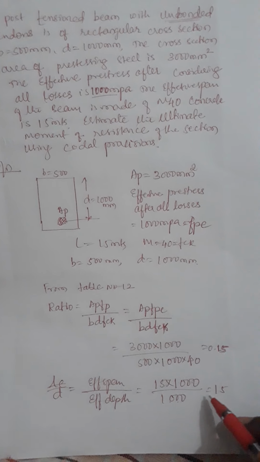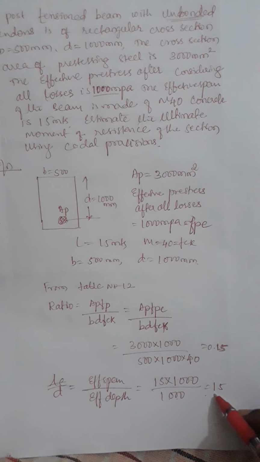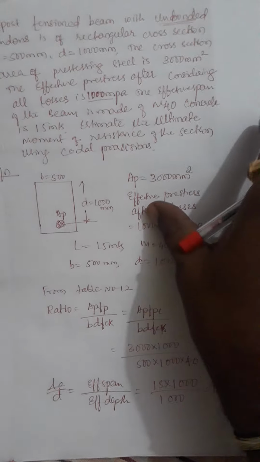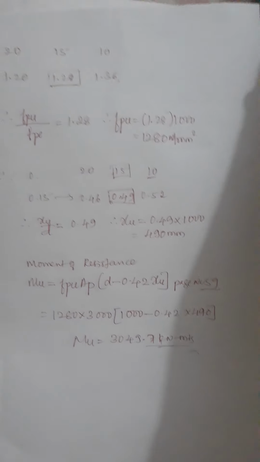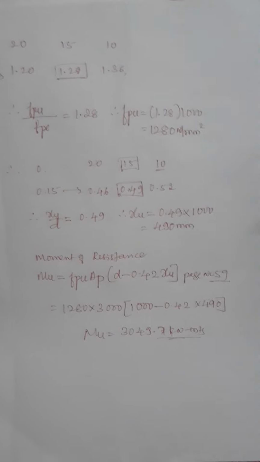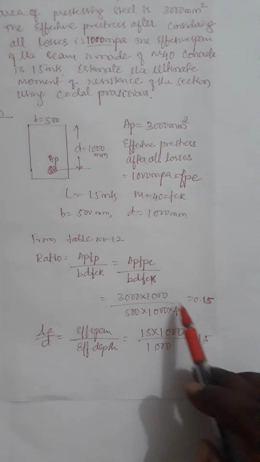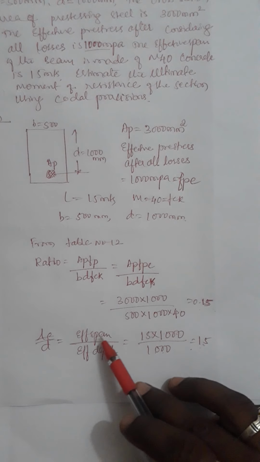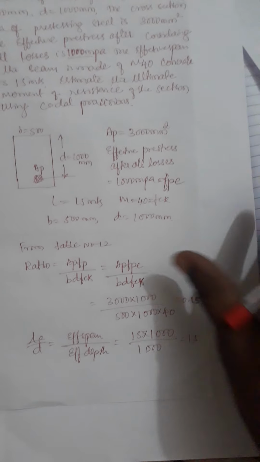So LE upon D comes to 15. After finding this, from the table we got the effective reinforcement ratio 0.15, and LE upon D is 15.